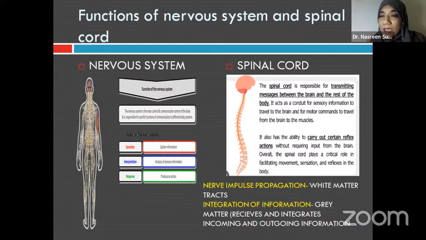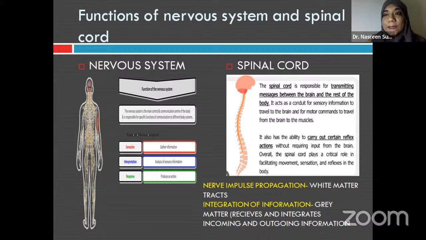The function of your axon is to carry the information. Okay, next, integration of information. Here it is going to receive the information and do some processing. That is your gray matter.